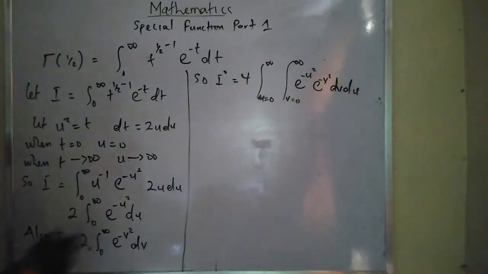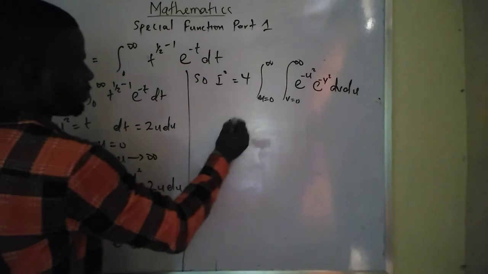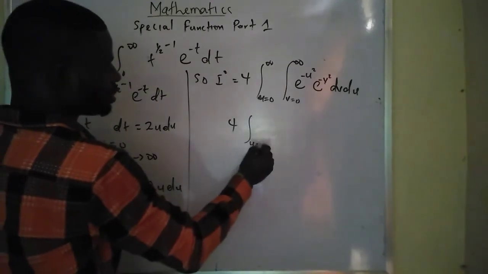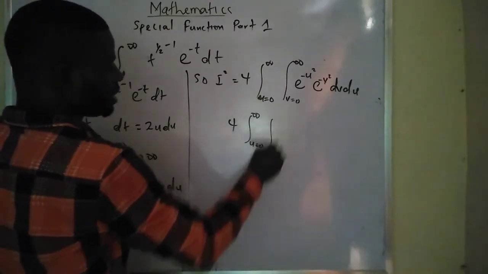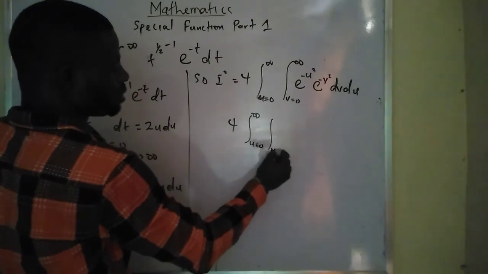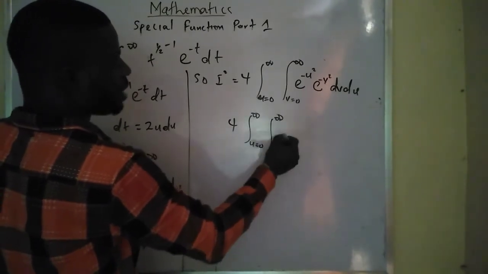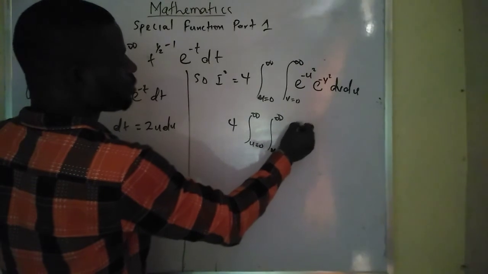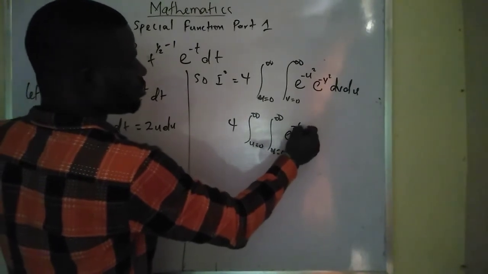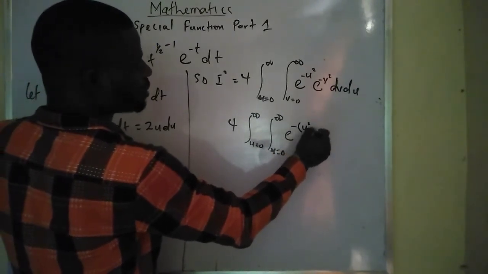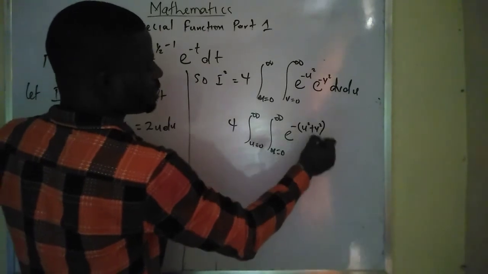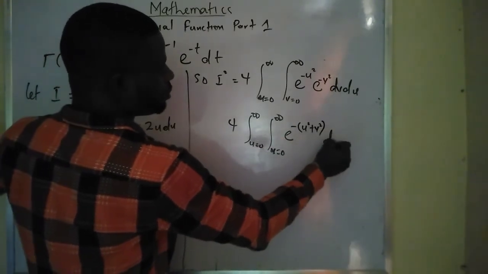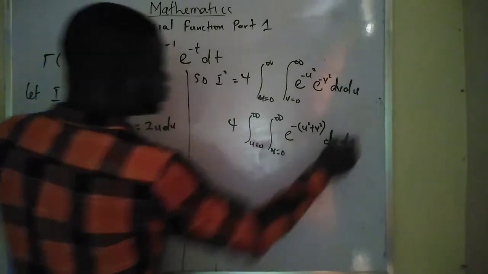Now, since I have that, I can write 4 times the integral from u equals 0 to infinity and the integral from v equals 0 to infinity of e raised to the power minus (u squared plus v squared) dv du.